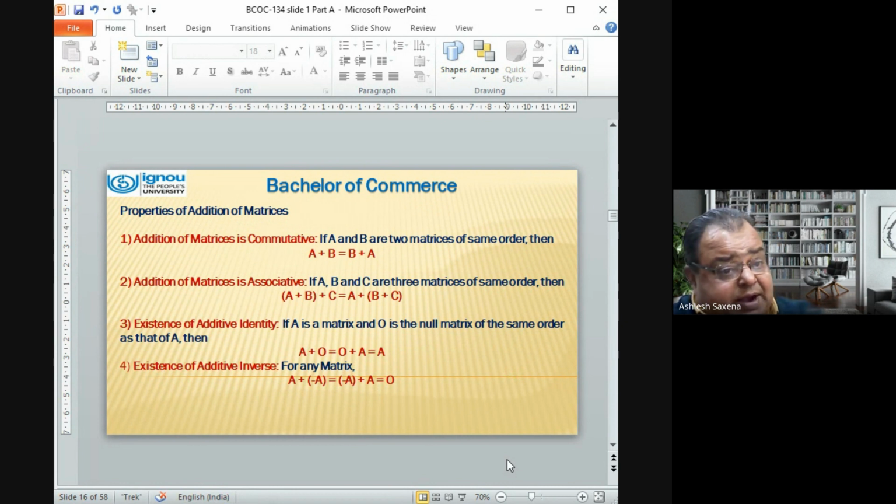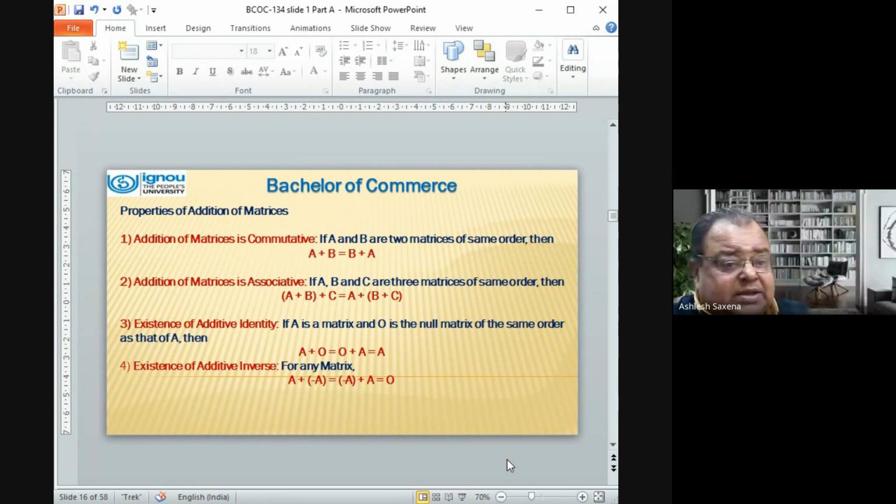Addition of matrices is associative. That means if you add A plus B first and then add C, that will be equal to A plus the sum of B and C together. This is the basic form of how it is written.